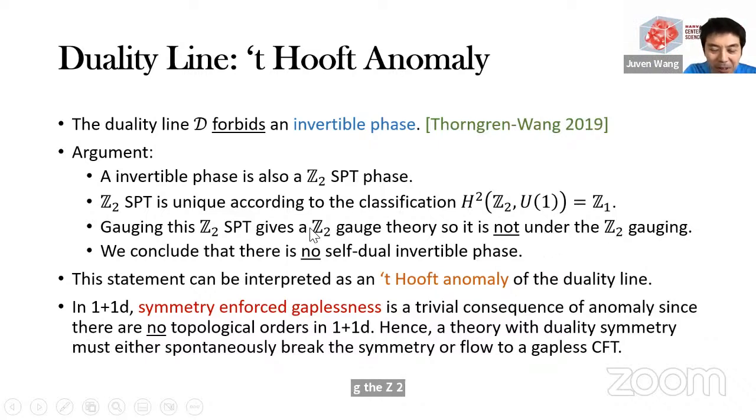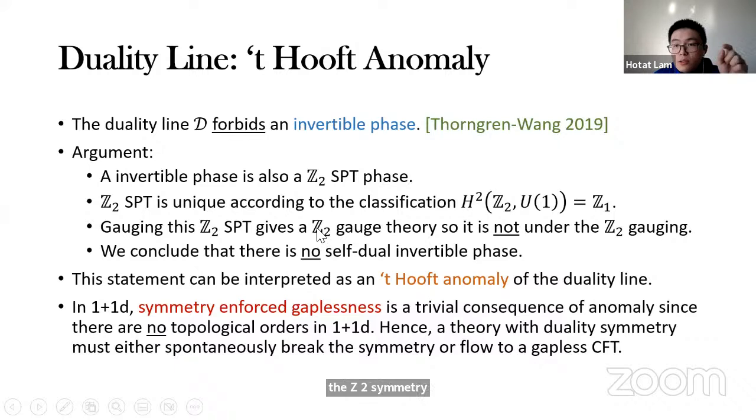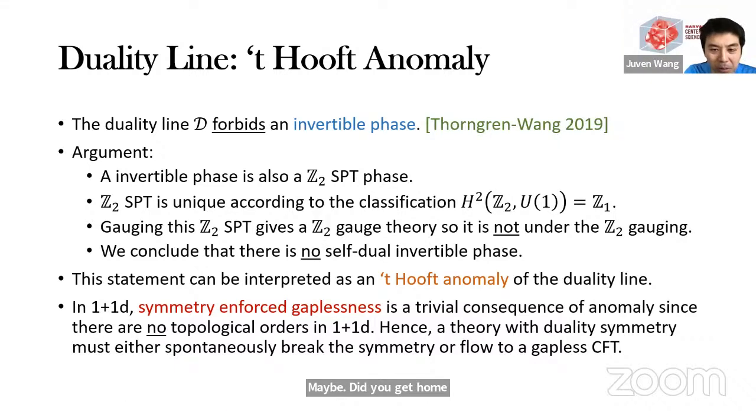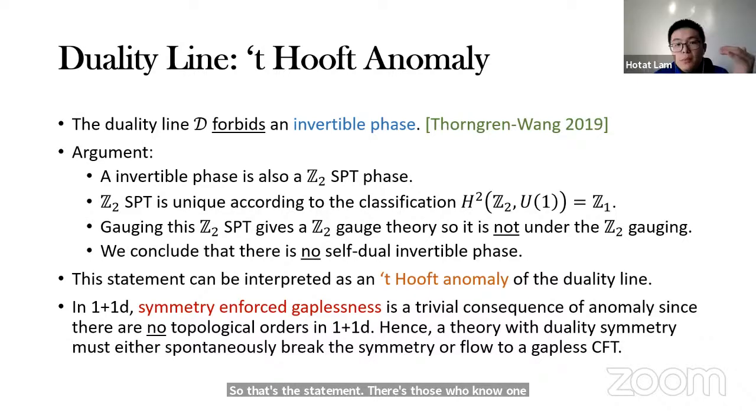Maybe... the reason is that the Z2 gauge theory has two vacua, right? Yeah, but those vacua are not robust in 1+1D. You can just use a local operator to lift the degeneracy. So that's the statement. There's also no 1+1D topological order for bosonic systems. Correct, but now I'm staying in the deep IR. I just want to ask what happens if I gauge the symmetry.